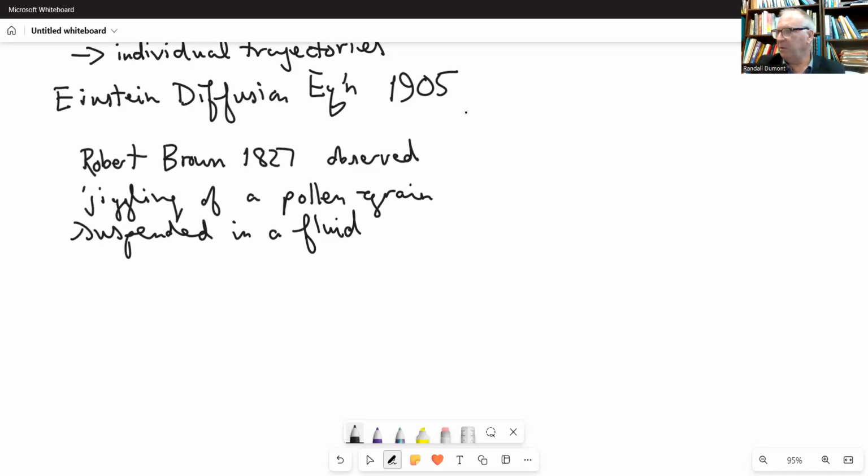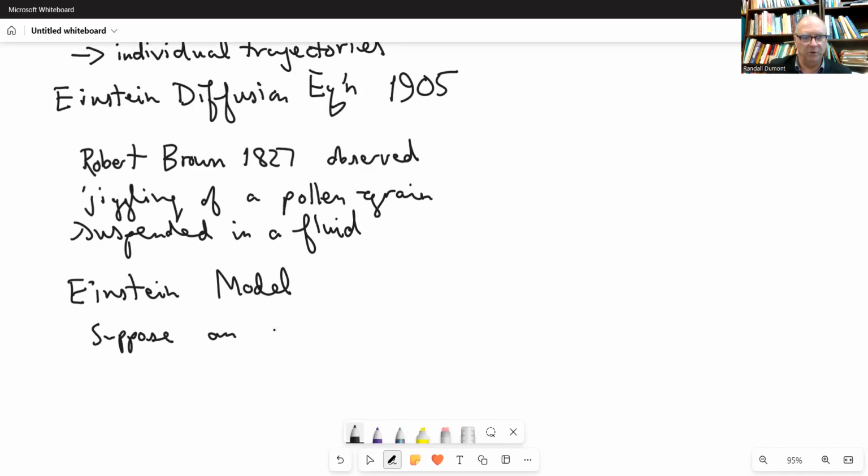Okay, so let's begin with Einstein's model. What did Einstein do? Well, he supposed an initial distribution of particle positions. So this is where we get into distributions.